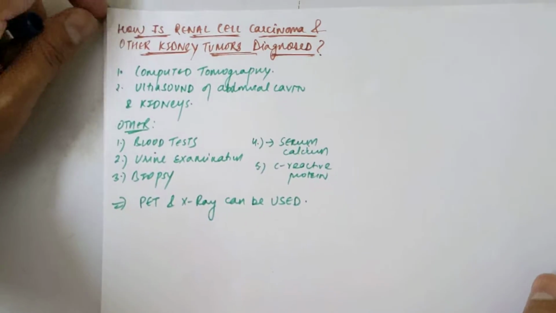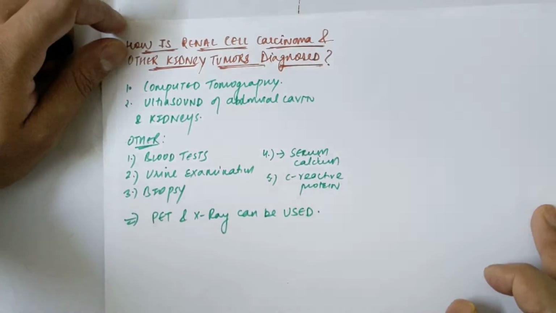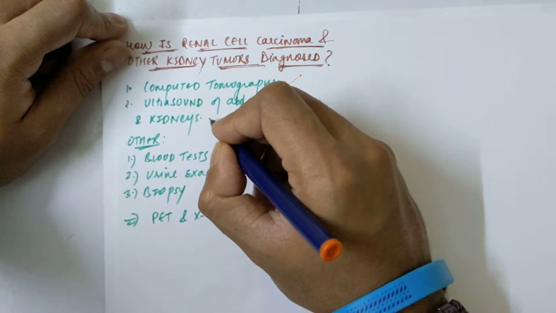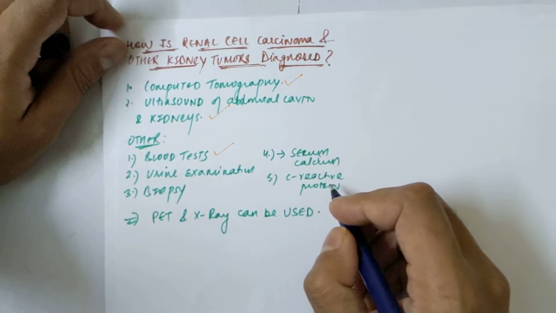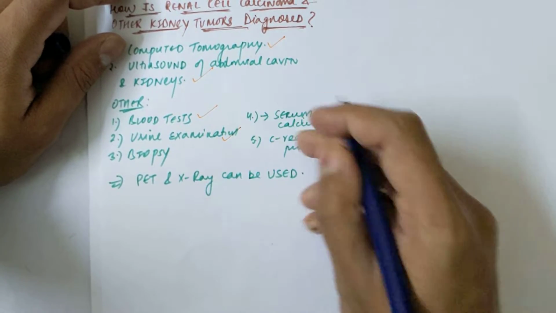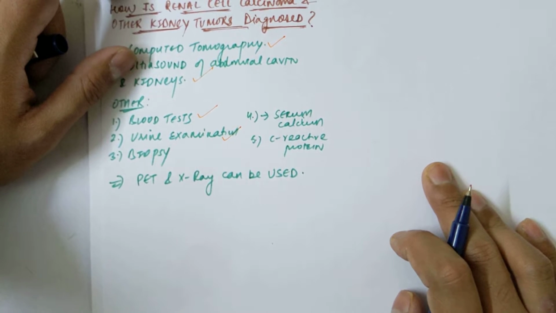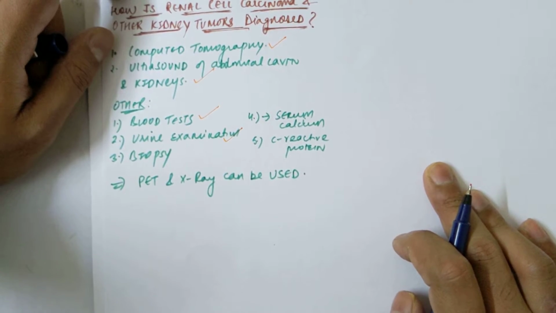Now how are renal cell carcinoma and other kidney tumors diagnosed? How do we do the diagnosis? We can do CT scan and ultrasound of the abdominal cavity and kidneys. Other tests are blood tests and urine examination, where we can see hematuria and RBCs. Biopsy is the confirmatory test, taking a biopsy of the kidney or other urinary tract parts.